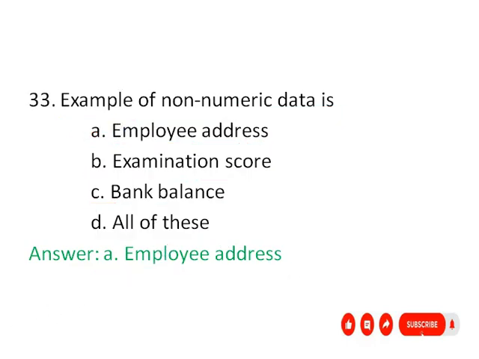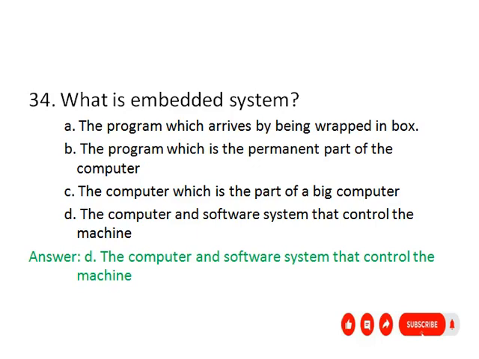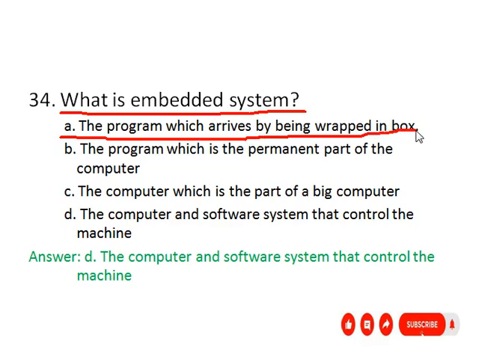Our next question is: what is embedded system? Here given options are option A, the program which arrives by being wrapped in box. Option B, the program which is the permanent part of the computer.